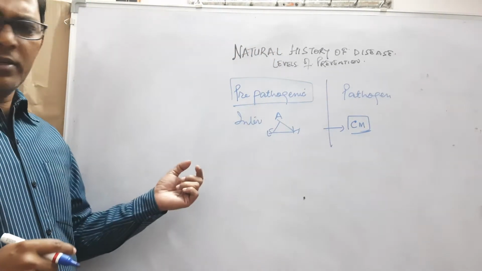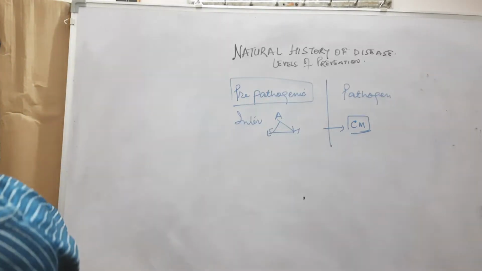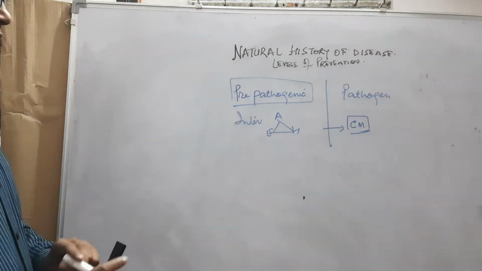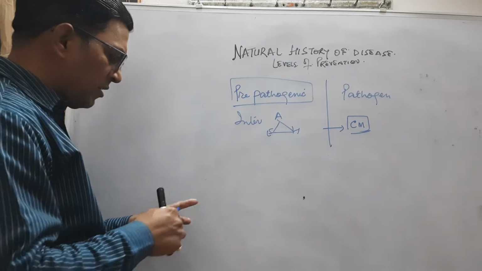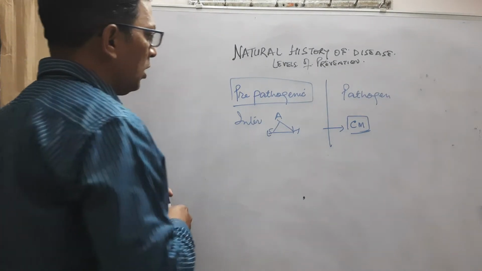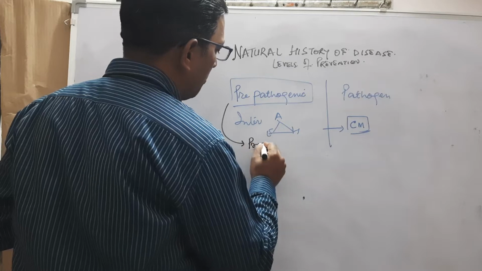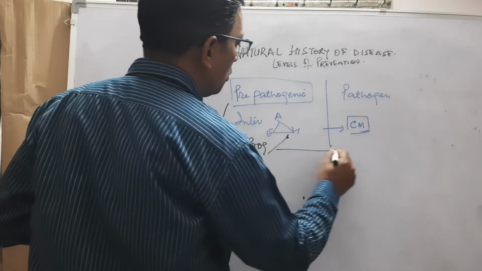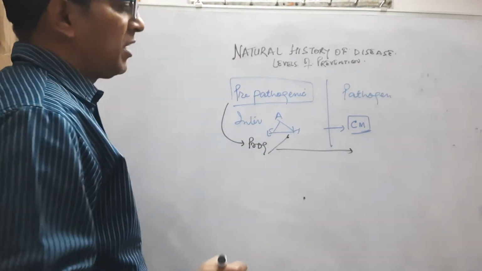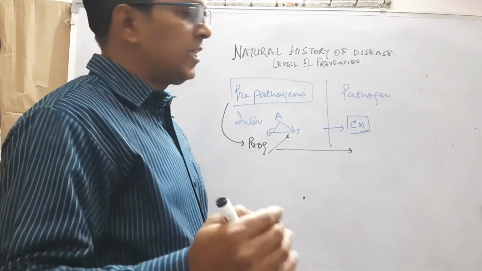Now, what does this natural history of disease say? The natural history of disease says how a disease progresses from its pre-pathogenic phase to the pathogenic phase if it is left uninterrupted.